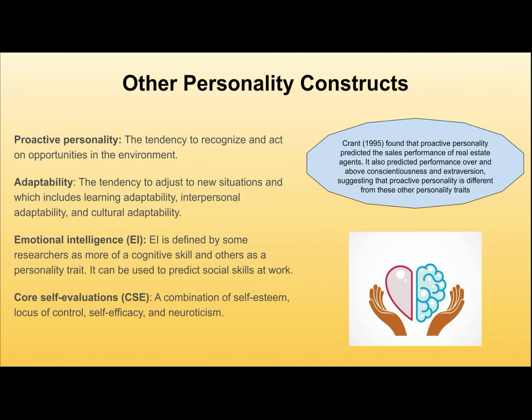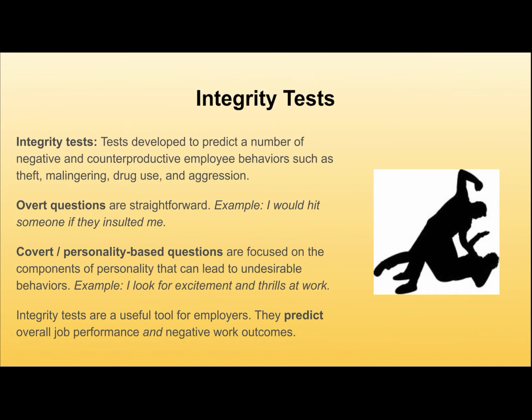So for the most part, we use the big five to predict job performance, but when these researchers, Crant and his colleagues, studied proactive personality, they found that it was able to predict sales performance of the real estate agents more than the big five was able to. So especially for certain jobs, this might be something that we don't want to overlook.